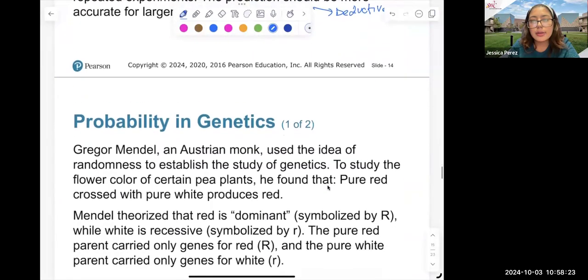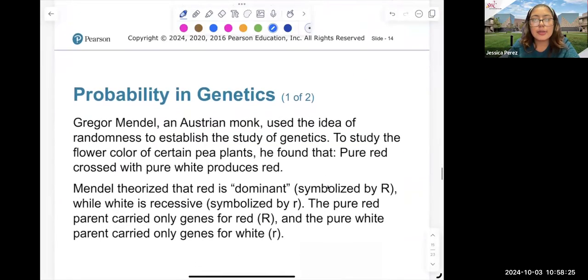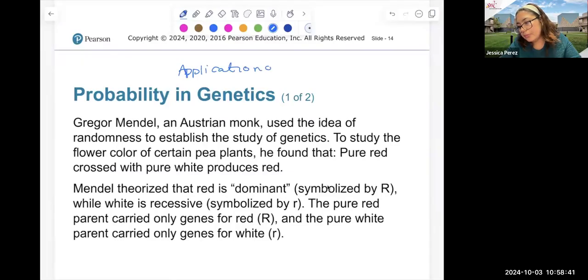Let's look at probabilities in genetics. Gregor Mendel, an Austrian monk, used the idea of randomness to establish the study of genetics. So this is an application of probability. Probability is used all the time.